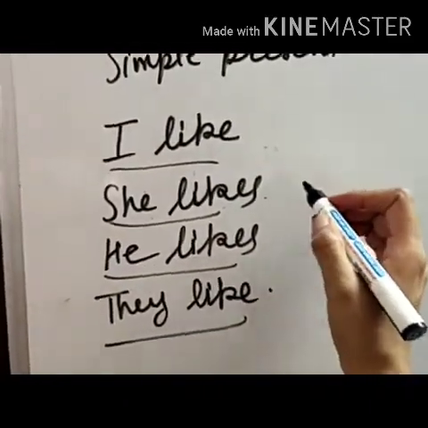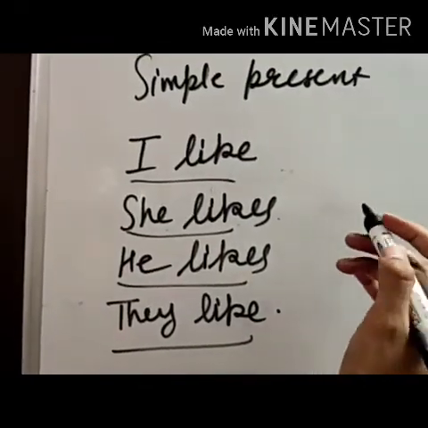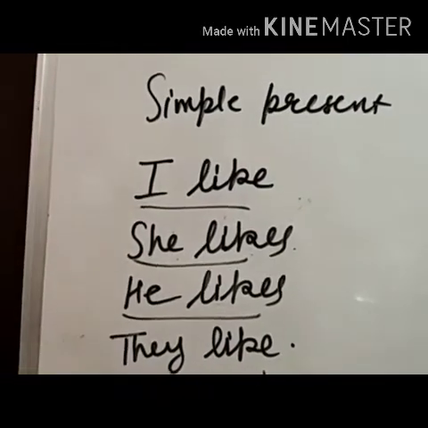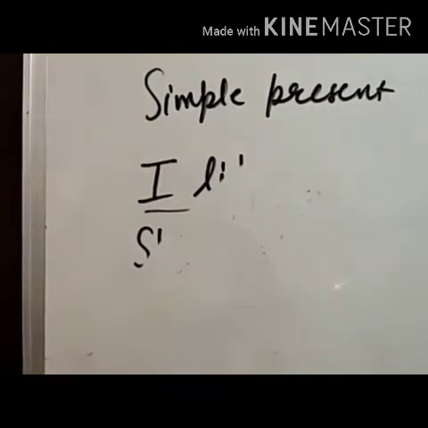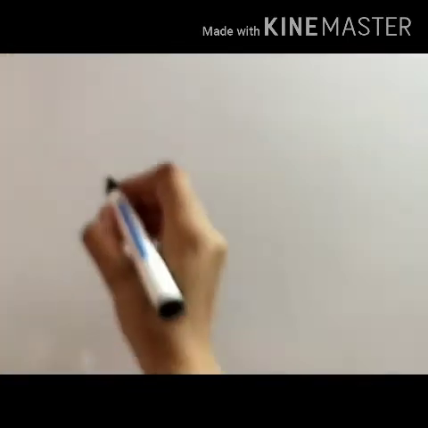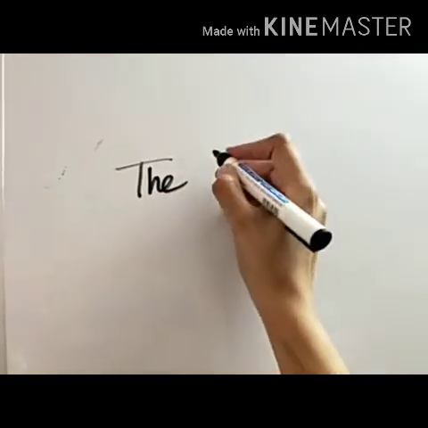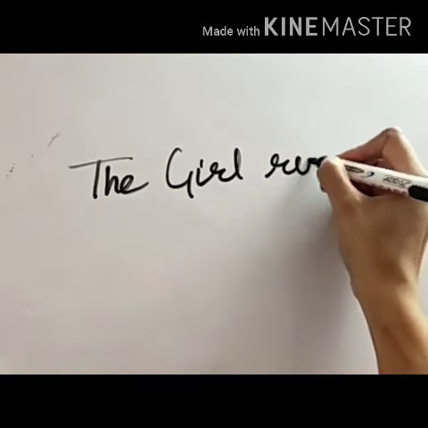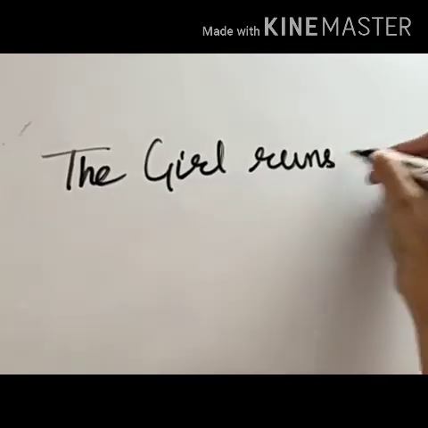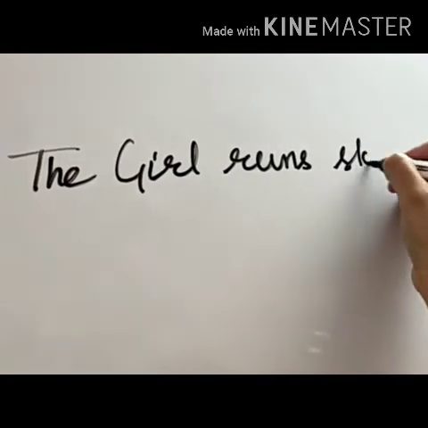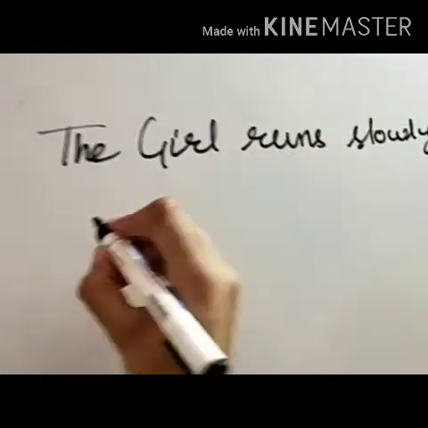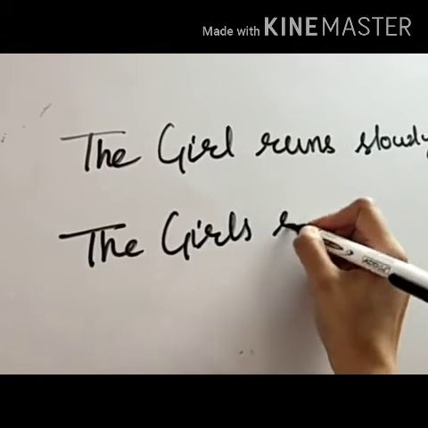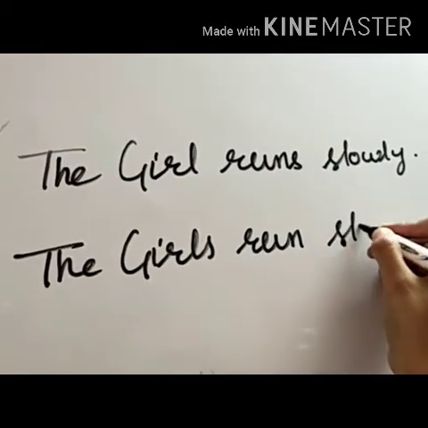And when you are talking about a plural subject, then you have to use the verb according to that. Another example: the girl runs slowly. Next, the girls run slowly.